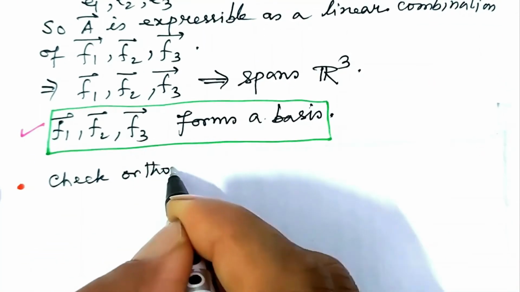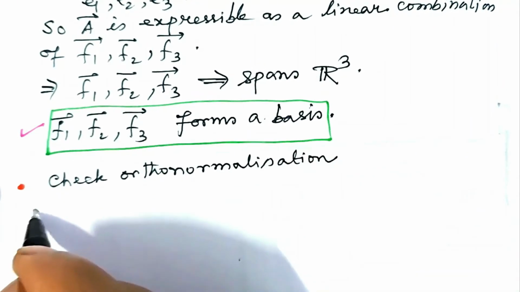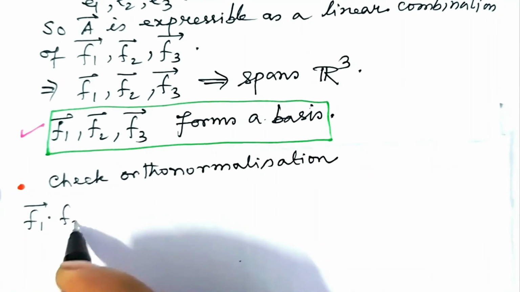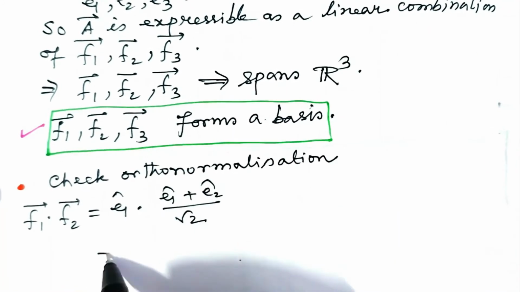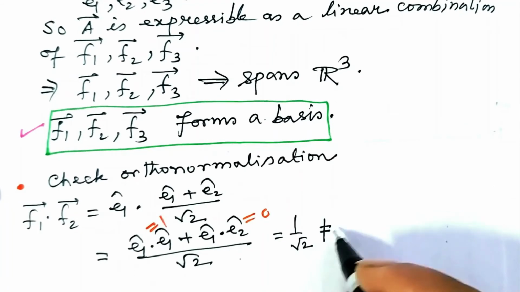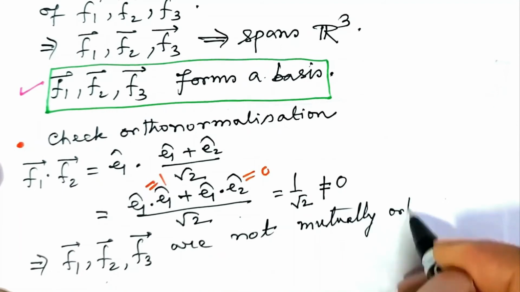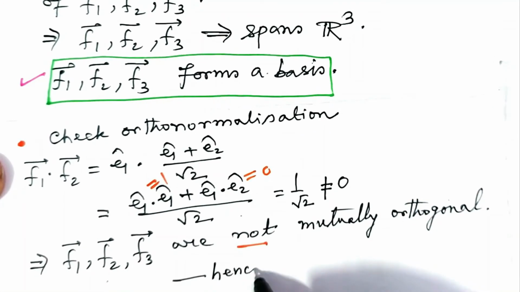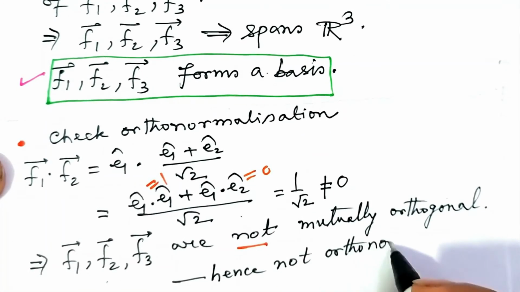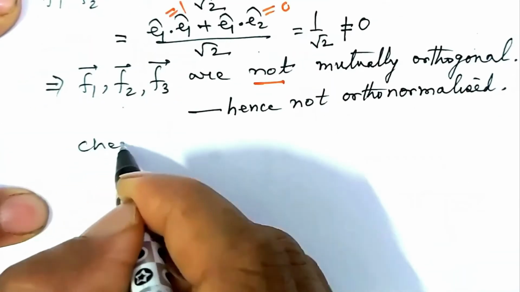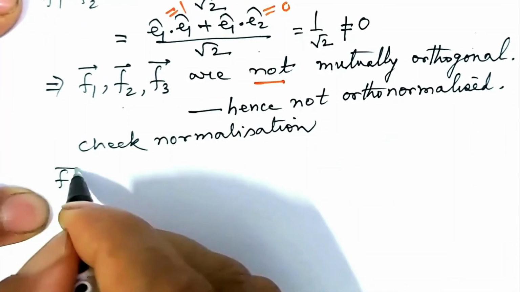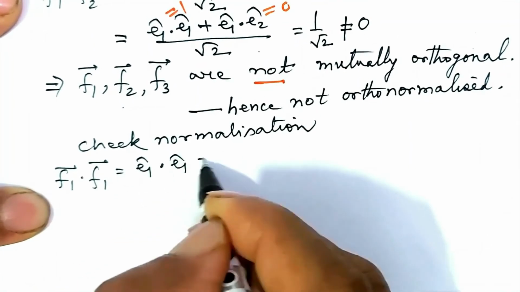Let us check if they are orthonormalized. We find that vector f1 dot vector f2 is not 0. So the vectors f1, f2 and f3 are not mutually orthogonal, and hence the set is not orthonormalized. Check normalization. Vector f1 dot vector f1 is 1.